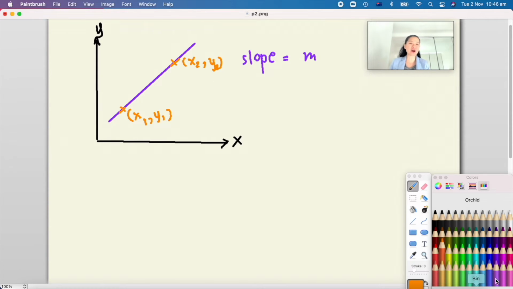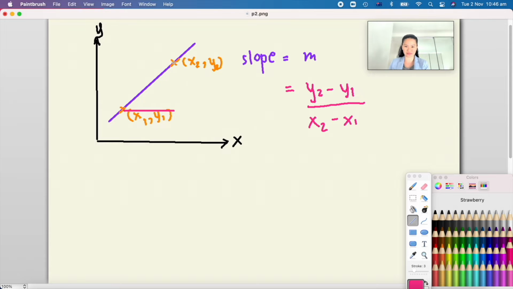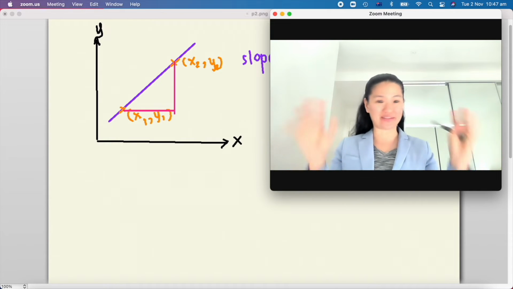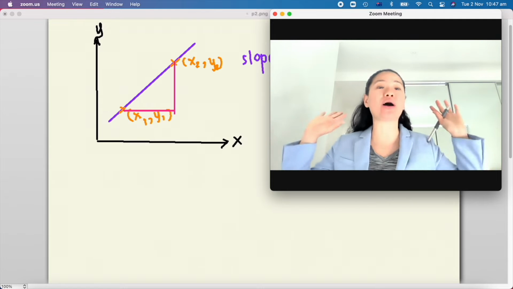The concept of slope equals y2 minus y1 divided by x2 minus x1. This is really basic graph work, but if you want to know about calculus, you need to understand the secant and tangent as well.